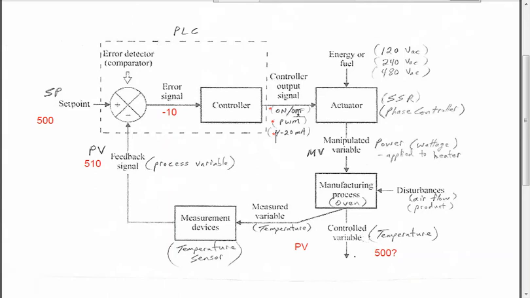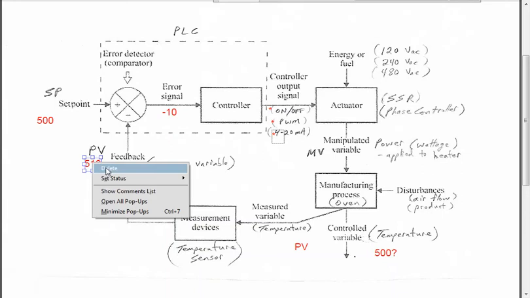The most basic being on-off. So if your feedback signal is over where you want to be, it's higher than what you want, this negative error signal would communicate to the controller, which would send an output signal to the actuator to turn off. If you're under temp, it would just tell it to turn on.